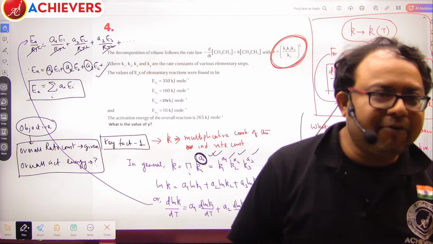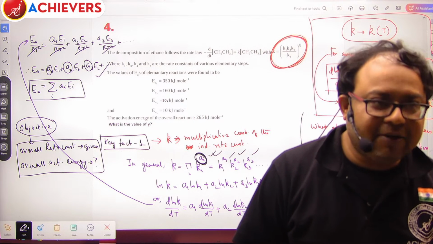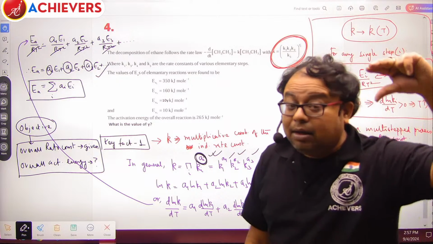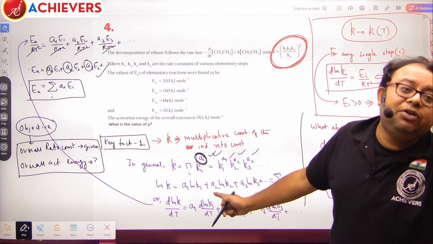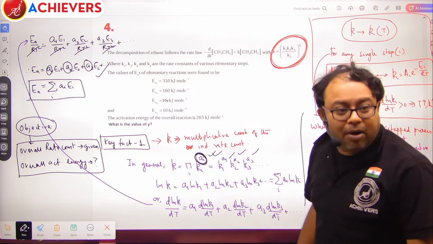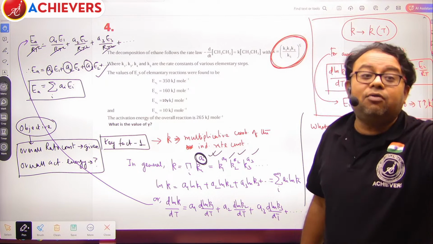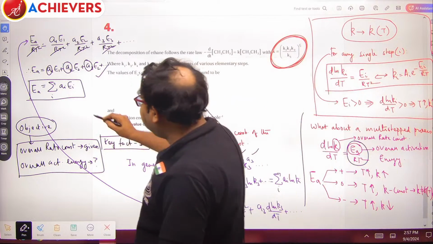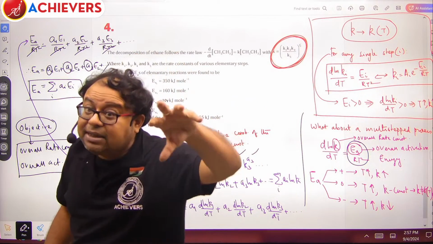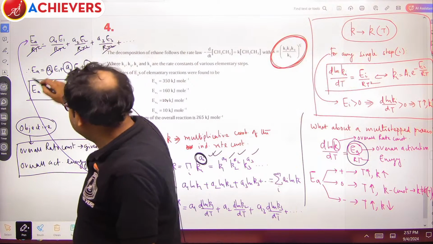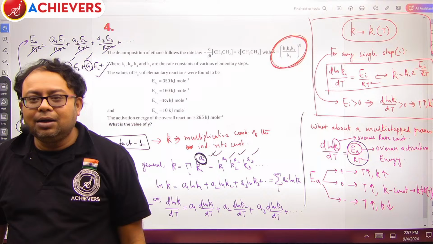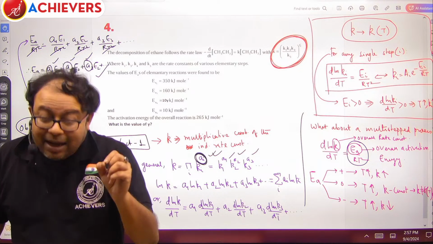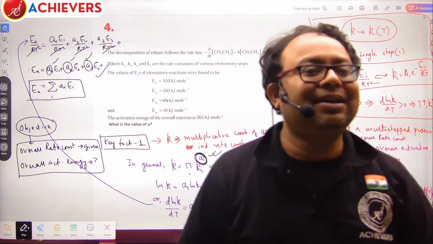And in case of overall rate constant, you found that the individual rate constants were raised to certain powers. Now, in case of overall activation energy, you will see that the powers have become the coefficients. The powers have become the coefficients of what? Of the individual activation energies.